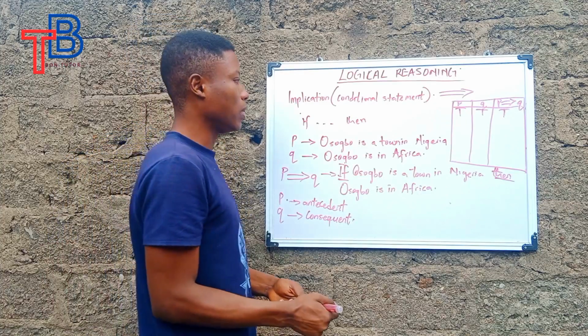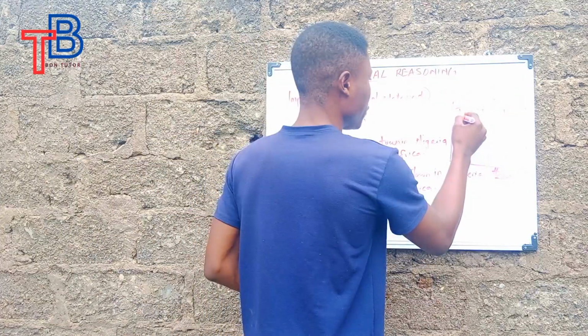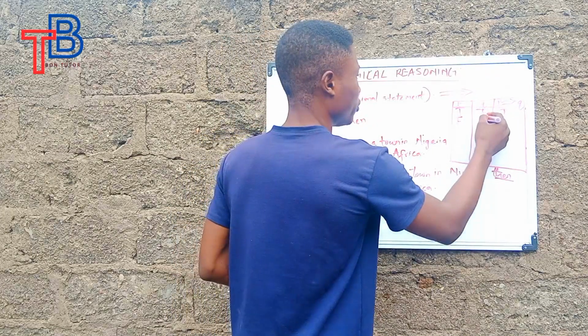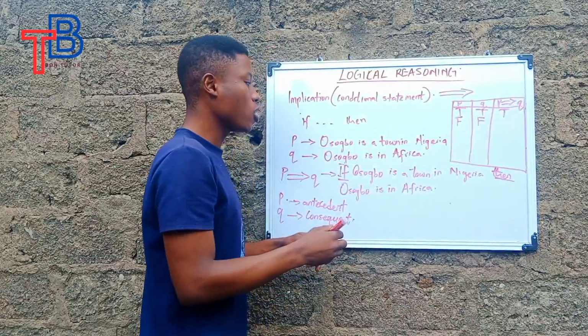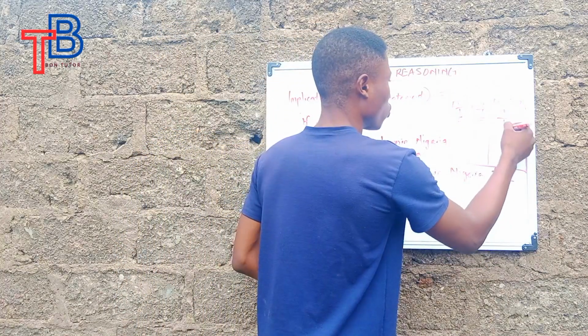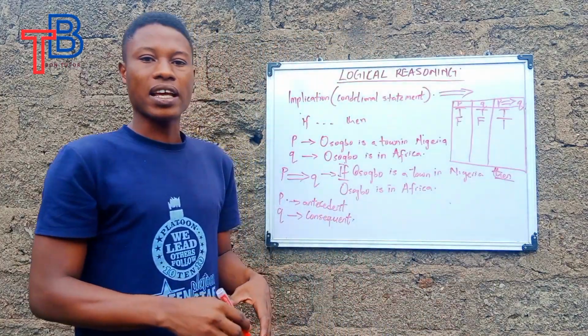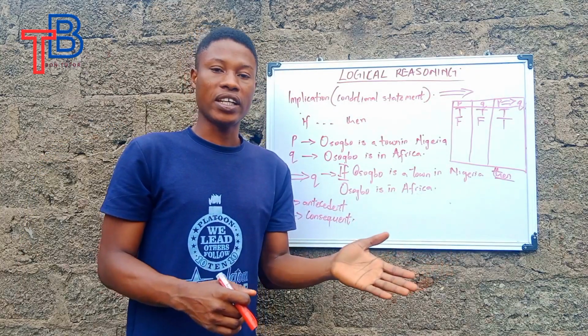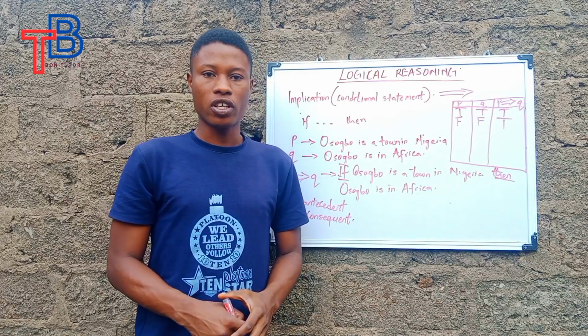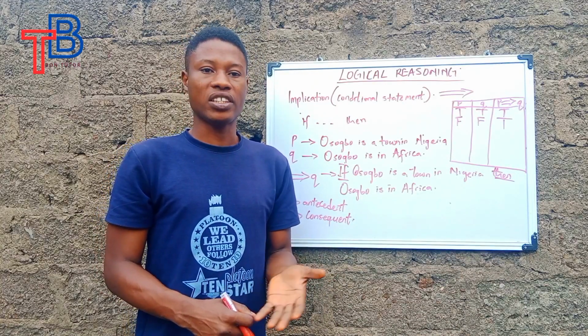But let's assume that the first statement is false, and the second statement is also false. Once the two statements are false, then the conditional statement will be true. It's like saying, if the sky is red, then the sky is not blue. The first statement is false because the sky is not red, the sky is blue.